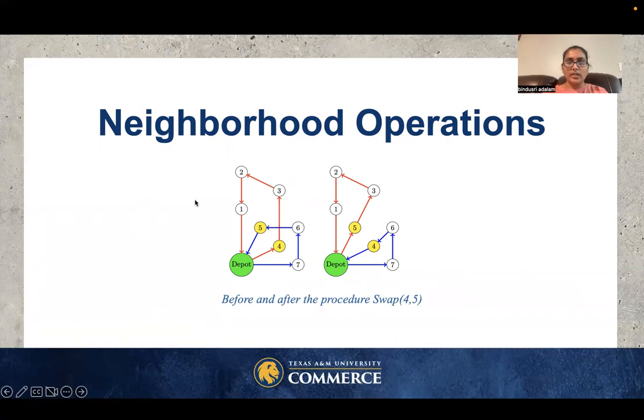So you can see here that nodes 4 and 5 are swapped, and as a result we are avoiding this cross path. Basically the advantage here is it allows us to get rid of the between-route X crossings, as we can see in this figure. And it is both an in-route and between-route operation.